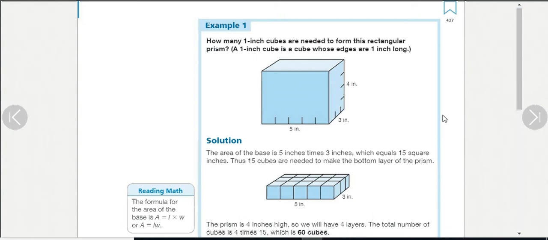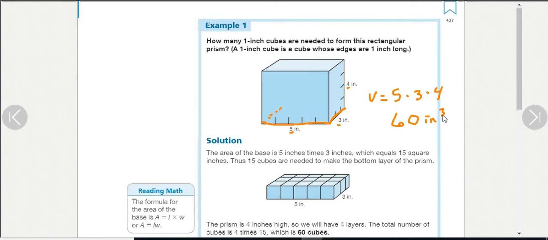So if this is a cube that's 5 by 3 by 4, to find the volume, you do 5 times 3 times 4, and the answer is in cubic units.